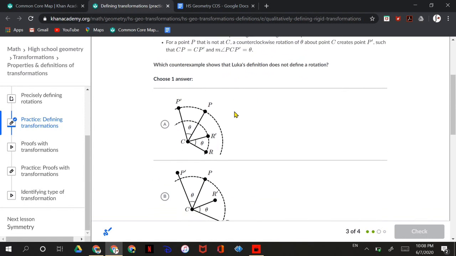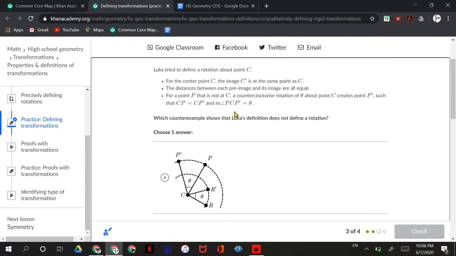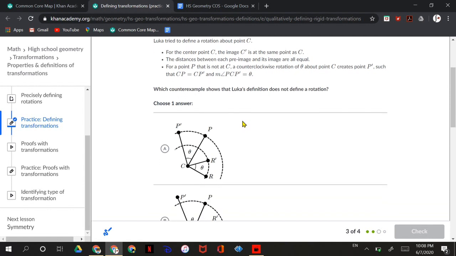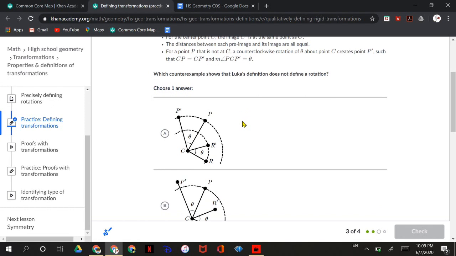Okay, let's see. So, a counterclockwise rotation of theta about point C, creating P' such that CP is congruent to CP', and that angle PCP' is equal to theta.